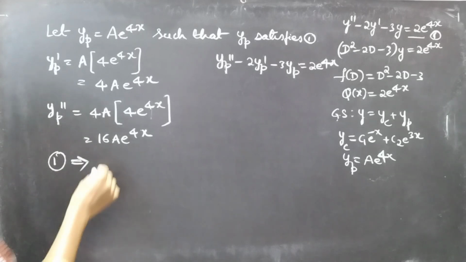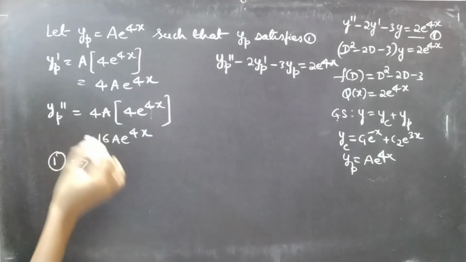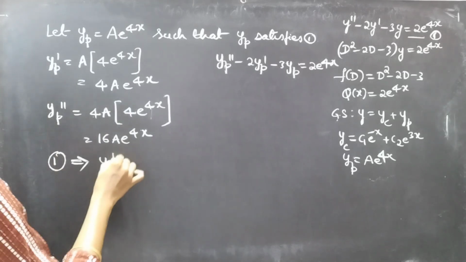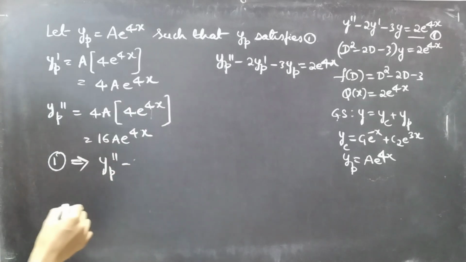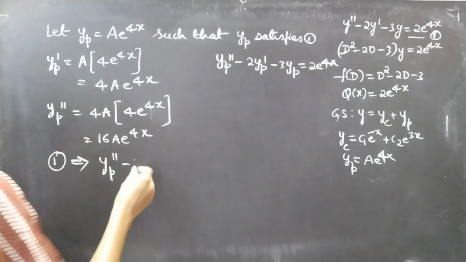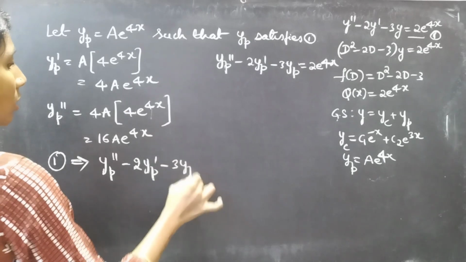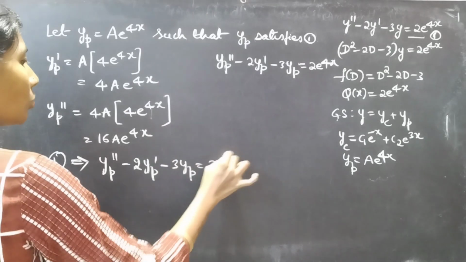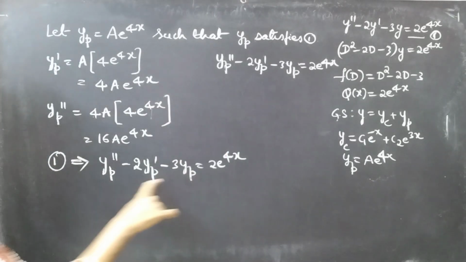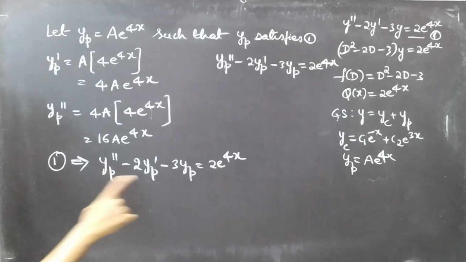Equation 1 can be written in terms of yp, so we get yp double dash minus 2yp dash minus 3yp equal to 2e^4x. Now write the values of yp double dash and yp dash.